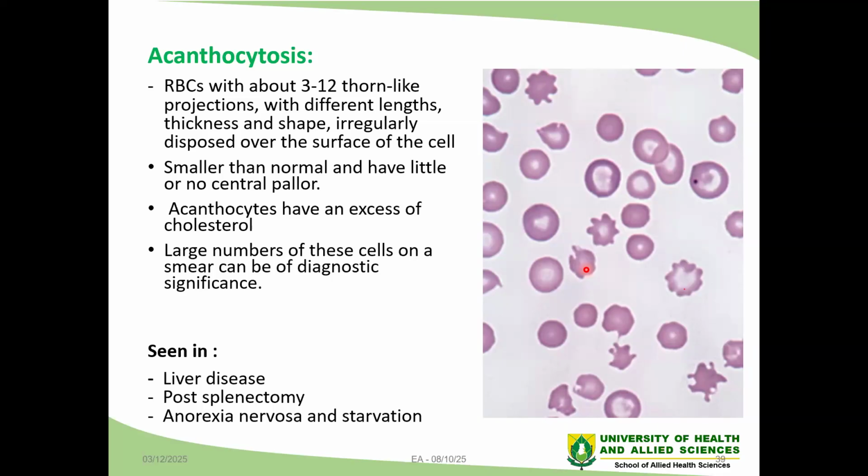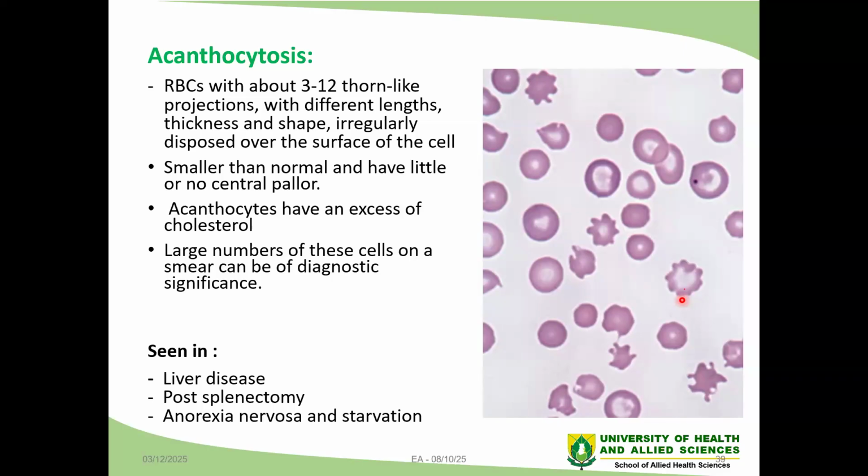So if you find a large number of these cells on a blood film, it could point to liver disease. It could also point to someone who has had his or her spleen removed. And then it can also be as a result of anorexia nervosa and starvation.